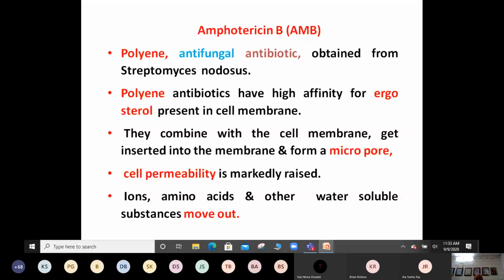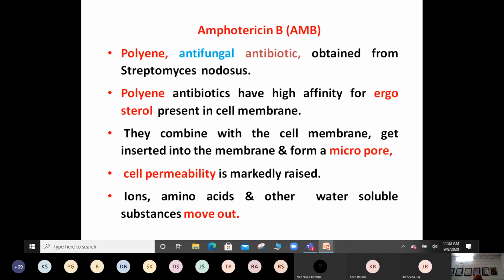These polyenes combine with the cell membrane because of this high affinity, then get inserted and incorporated into the cell membrane, where they form a pore, a hole-like structure in the cell membrane. It's called a micropore, a minute pore.